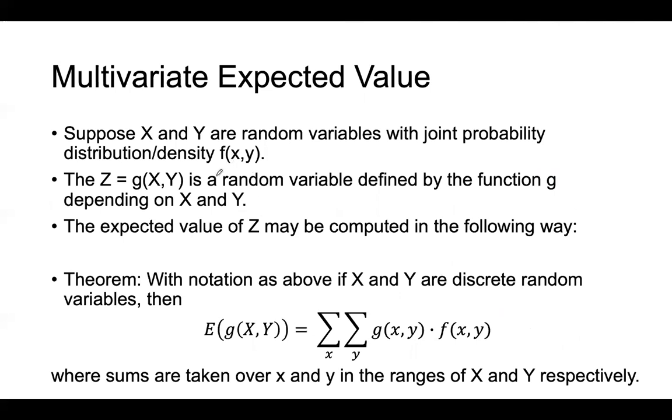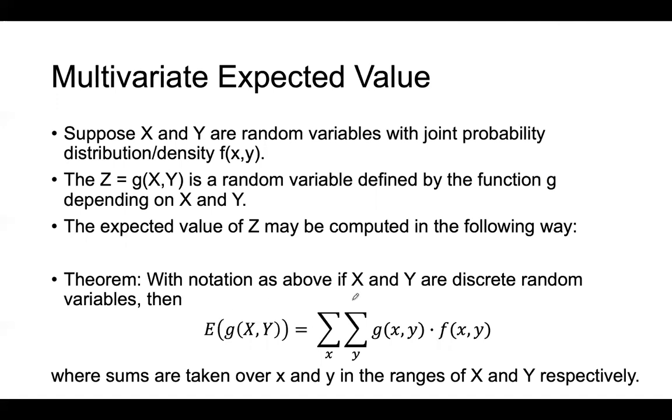Multivariate expected value. Now, suppose X and Y are random variables with joint probability distribution, or density function, f of X, Y. Then we can define Z to be equal to G of X, Y, and it's also a random variable defined by this function G depending on X and Y. The expected value of Z may be computed in the following way.